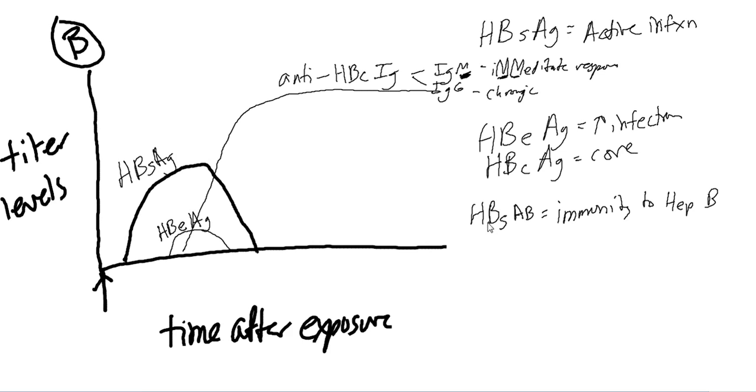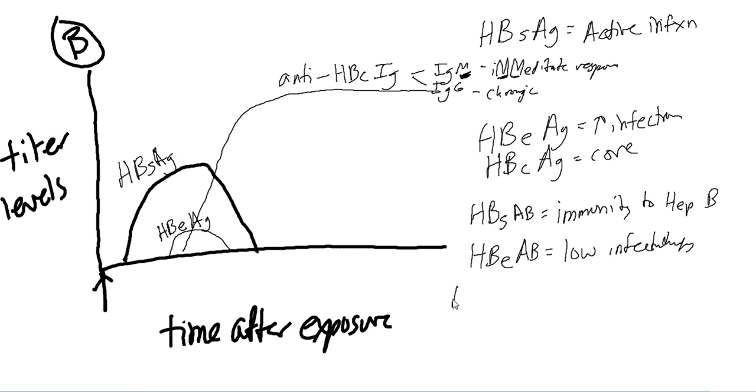So if we see a hepatitis B surface antibody and nothing else, it means that we no longer have the hepatitis B infection, and it also means that we'll get to that later. Hepatitis B surface antibody, immunity to hepatitis B. If we see a hepatitis B E antibody, it means we have low infectability.